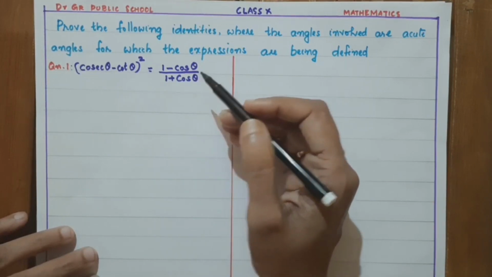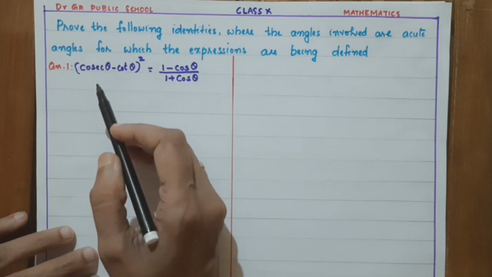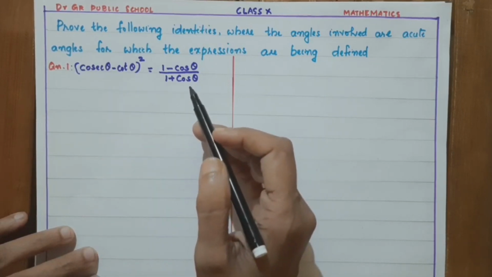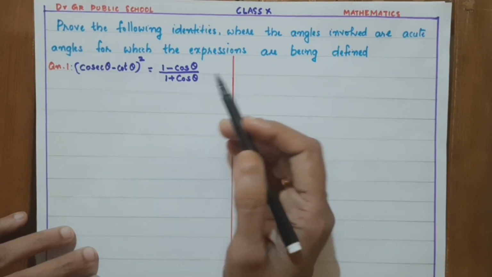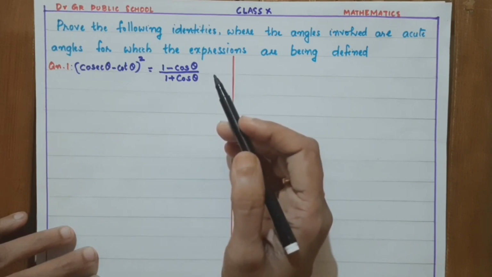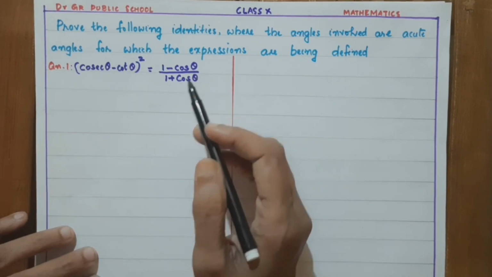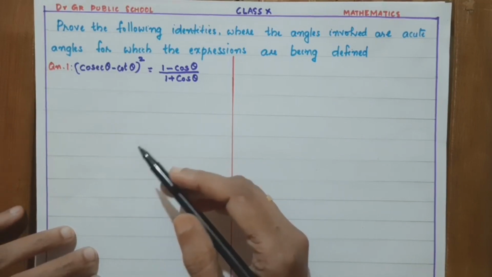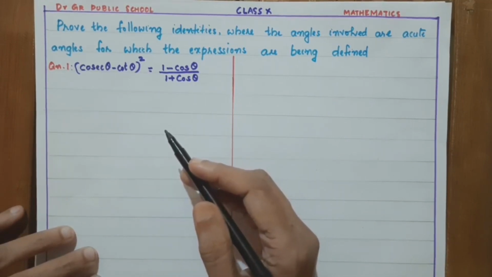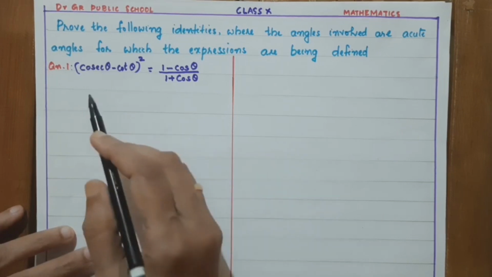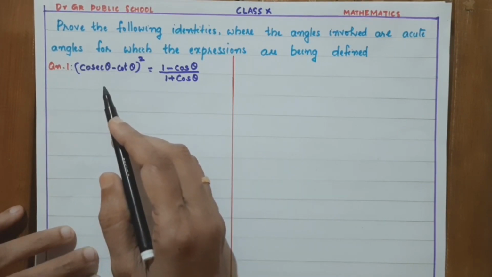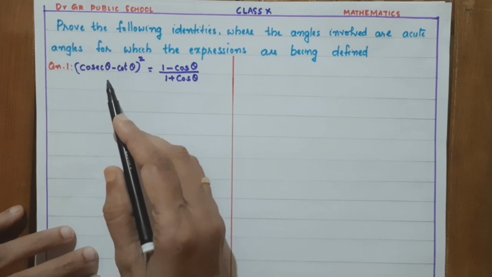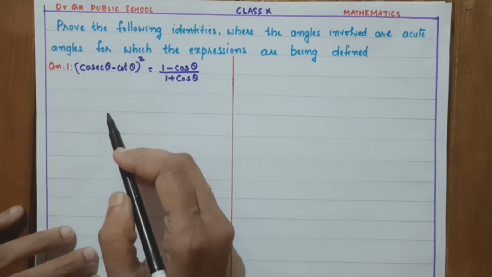We can start with either LHS or RHS, that you can decide for different questions. So you have to check which one we can simplify more. If LHS can be simplified more, then you have to consider LHS first.